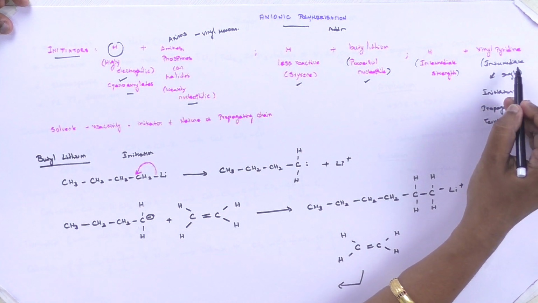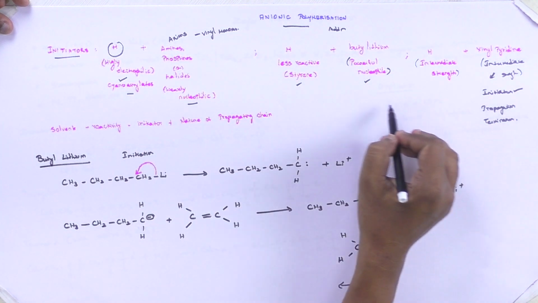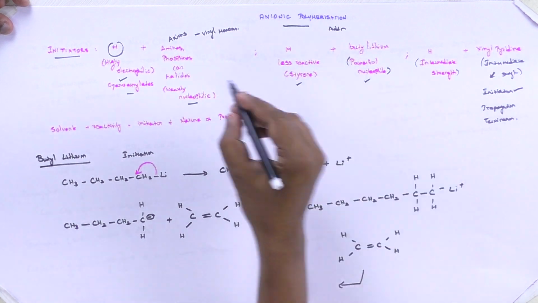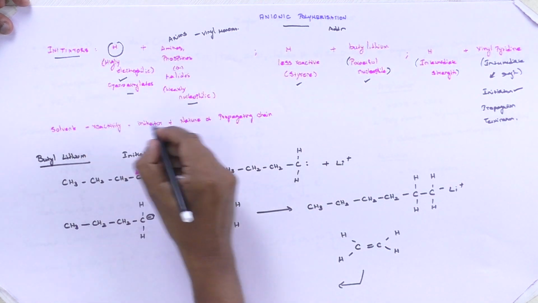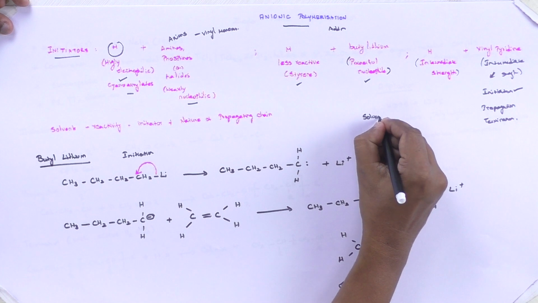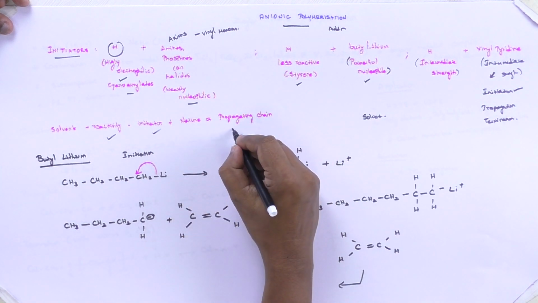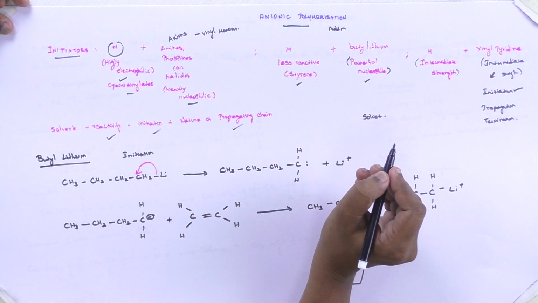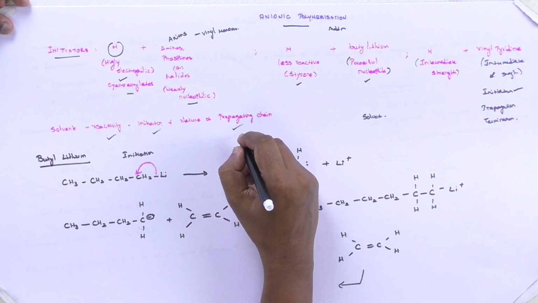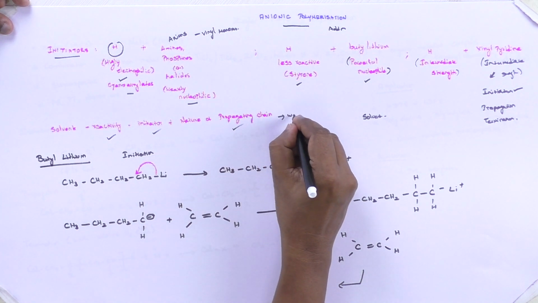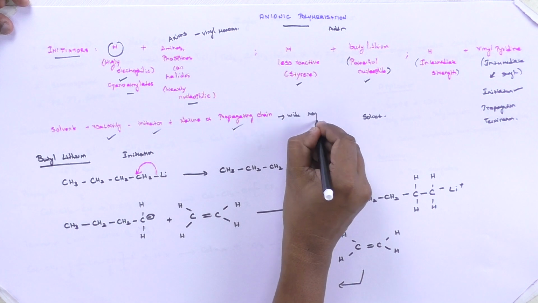The solvent used in all these processes is determined by the reactivity of both the initiator as well as the nature of the propagating chain, and you can use a wide range of solvents.